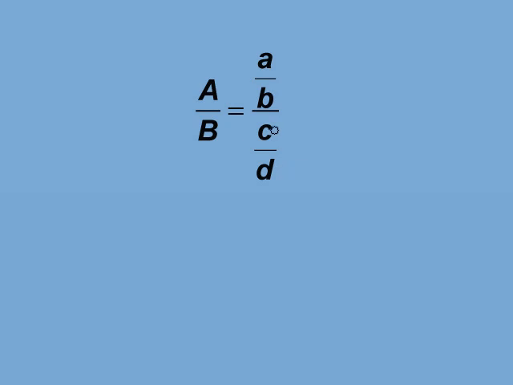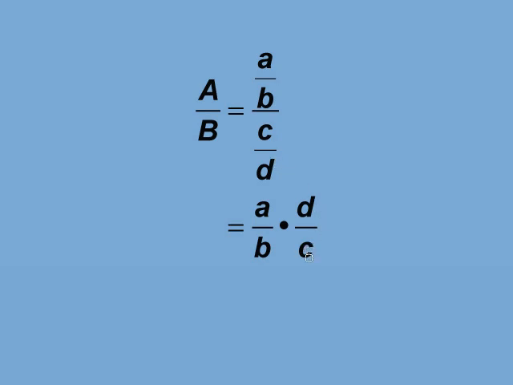Also, in this case, c itself can't be 0, because the entire denominator can't be 0. This expression is one fraction divided by another fraction. This can be rewritten as a multiplication statement, where a over b is multiplied by the reciprocal of this term, as shown here.